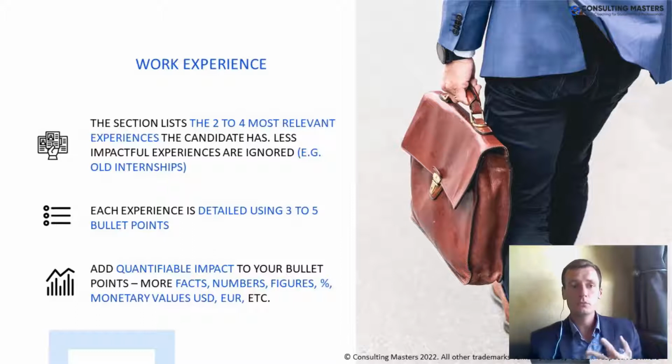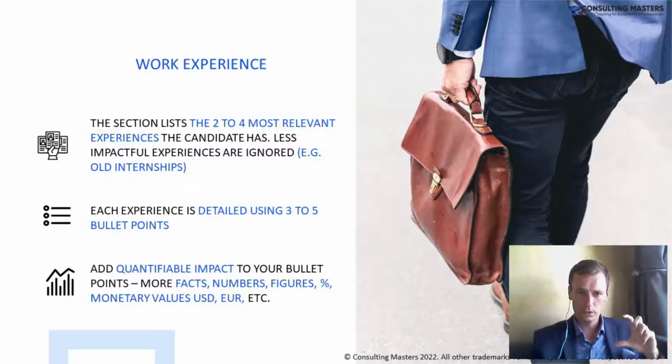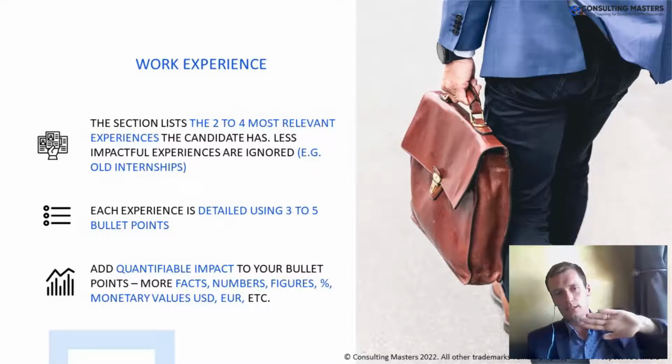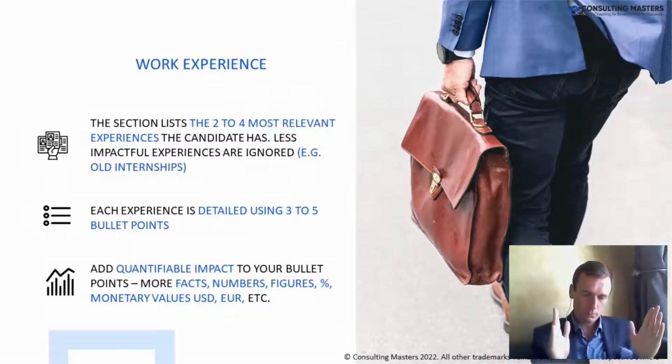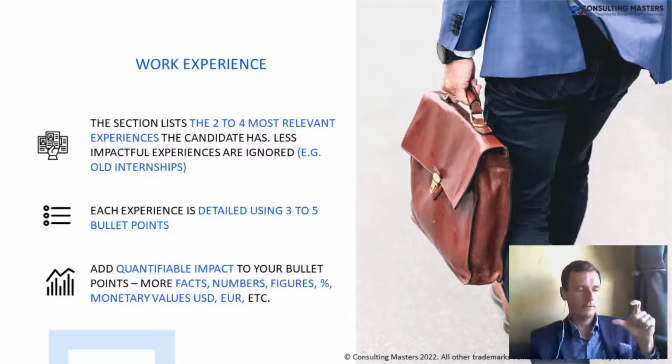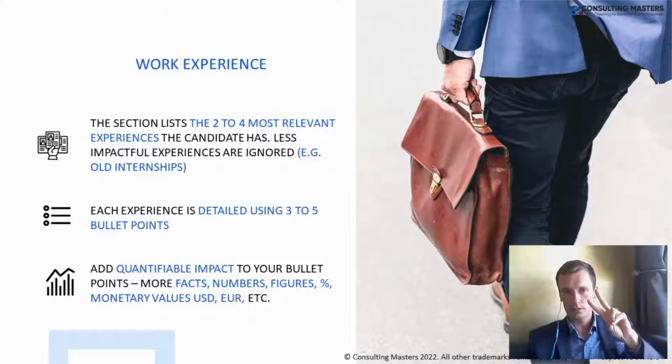Then, number 2, each experience should be detailed in 3 to 5 bullet points. Especially the last work experience could have, for example, 5 bullet points, and the previous experiences could consistently have 3 bullet points. Make sure that your bullet points are not too long. They need to be just 2-liners, please, 1 or 2-liners.